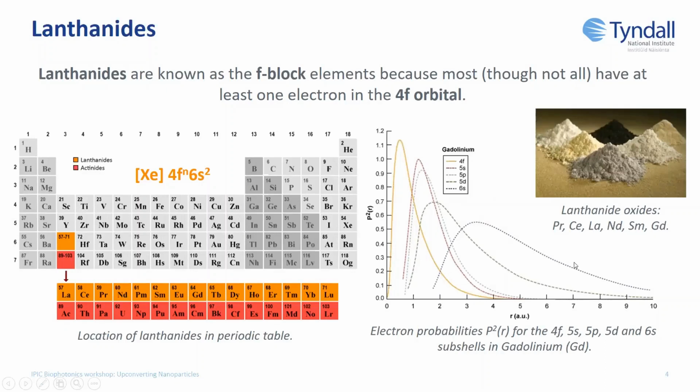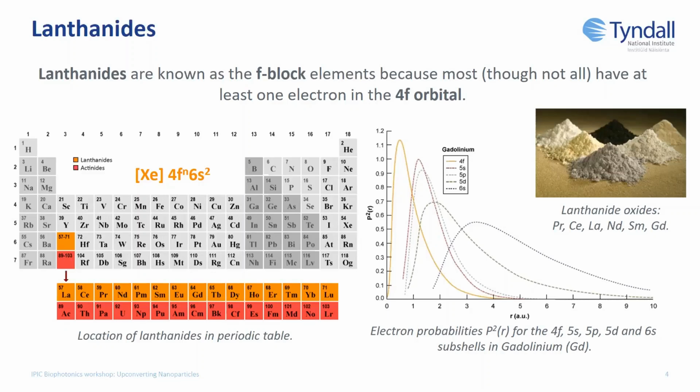So they are outside, even though they are fully filled, while the 4f shell is still not fully filled. So those valence electrons found in the 4f shell are actually buried underneath the other fully filled shells.